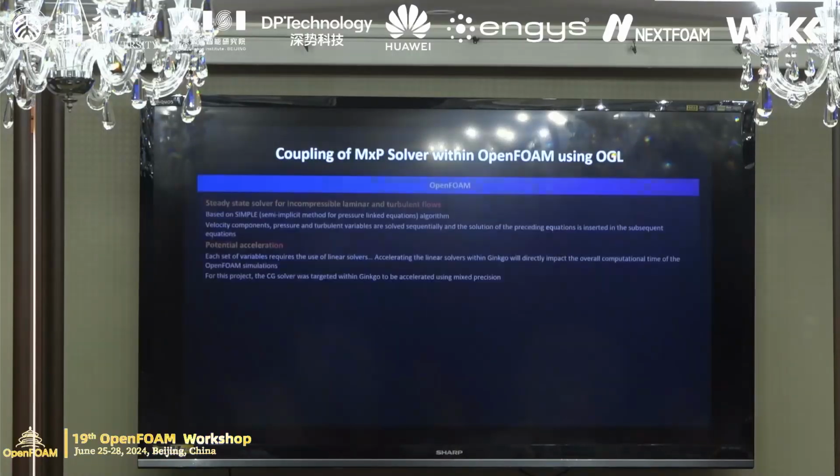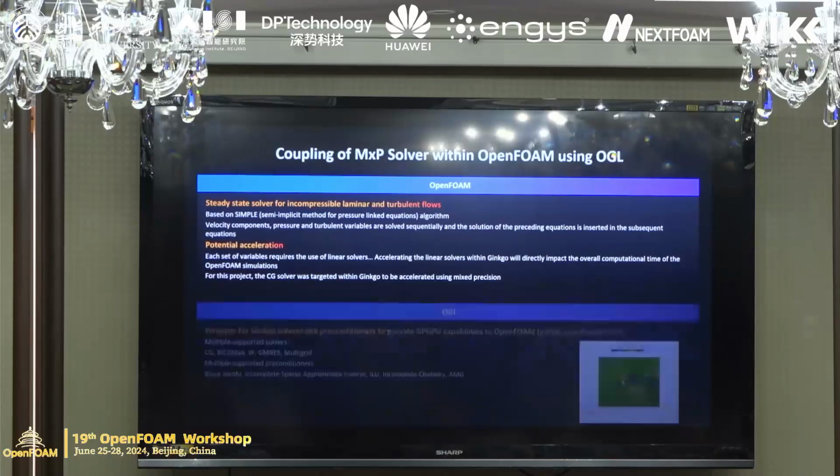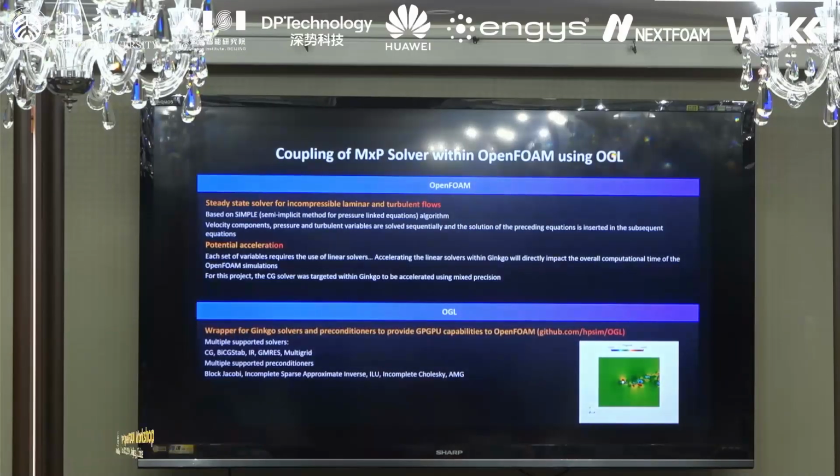And the important thing for us is that Ginkgo has what's called OGL, which is basically a layer that allows you to couple Ginkgo with OpenFOAM directly. We decided to use that so that we don't have to do any of the work to couple our approach to OpenFOAM directly.